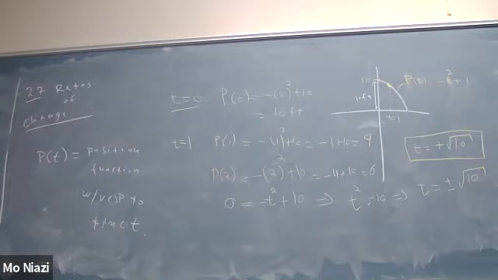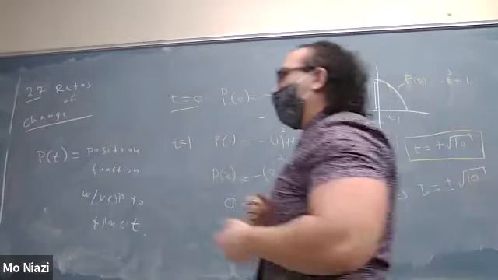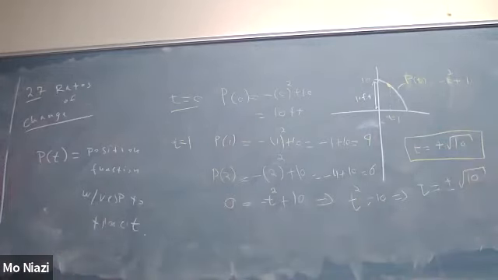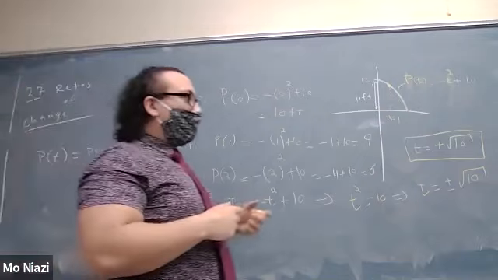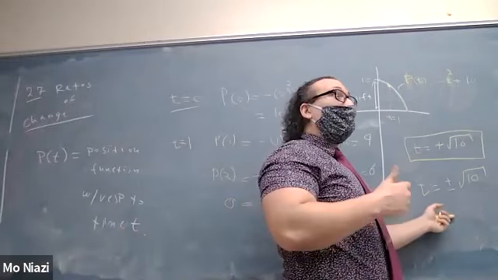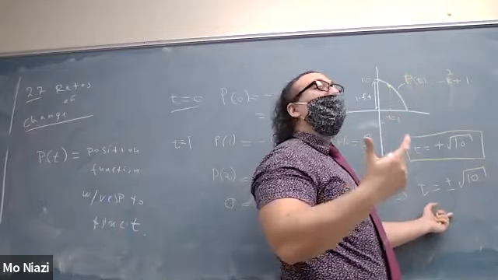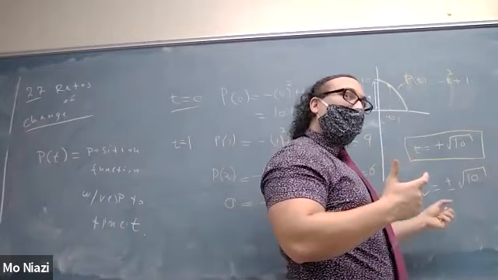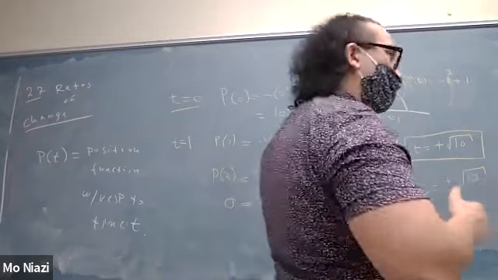Okay. So we'll just take the positive time right here, square root of 10, because it doesn't make sense for the rock to hit the ground at a negative time. That means it hit the ground when you went backwards in time. It doesn't make physical sense in this classical situation.